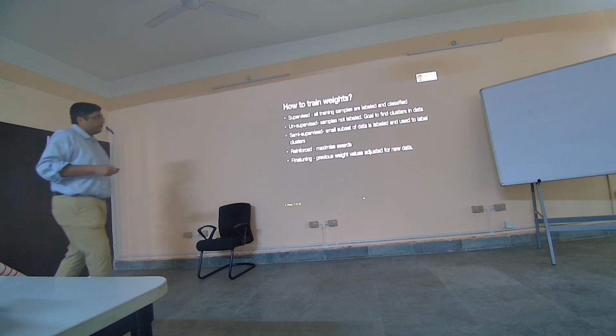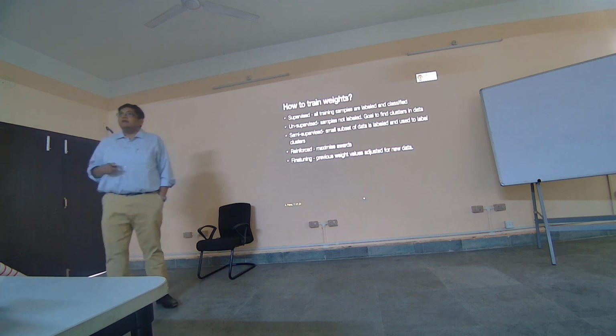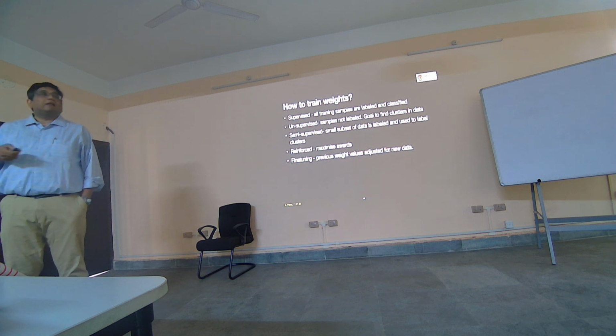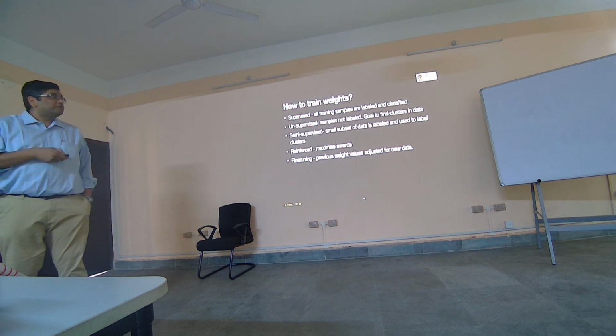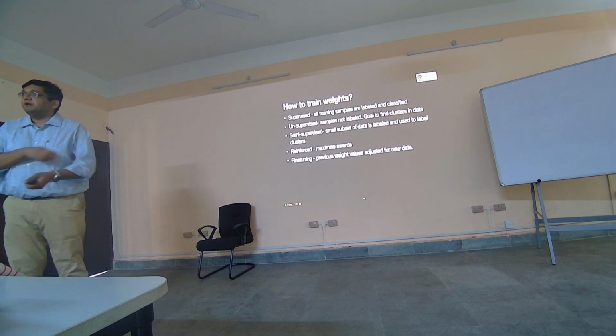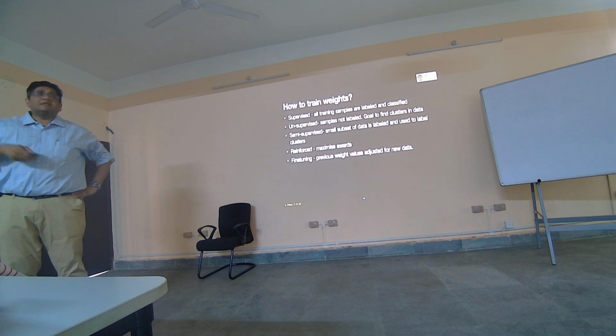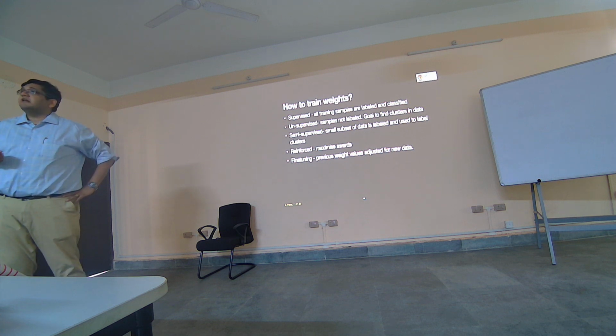The other way is unsupervised, where it's not mapped. Obviously you can't do something like that with the numbers, but the way to do it is that the samples are not labeled. So you continuously keep running the system and identify the structure of the data.